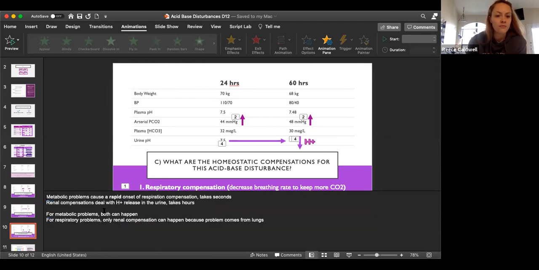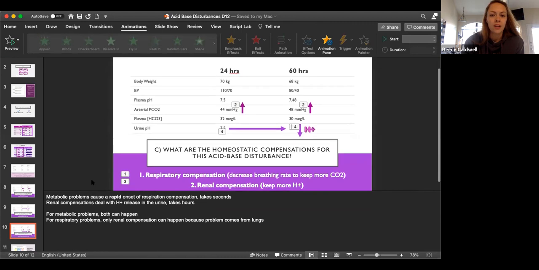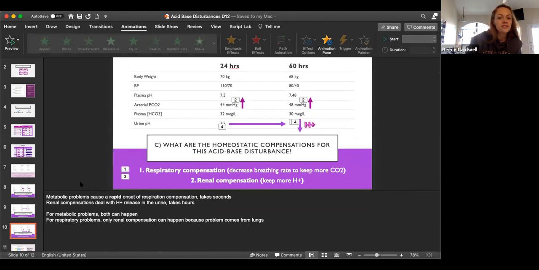Okay, yes. So what we see is that whenever we deal with metabolic disturbances, this will cause a rapid onset of respiratory compensation. However, this occurs in seconds, and that's why we can't really trust those carbon dioxide levels when determining metabolic or respiratory acidosis or alkalosis, because of how rapidly that respiratory compensation comes on.